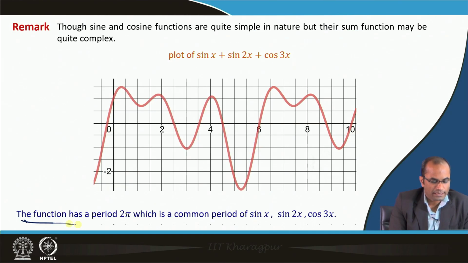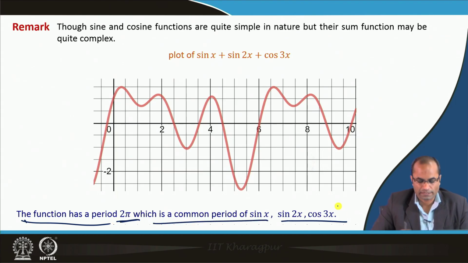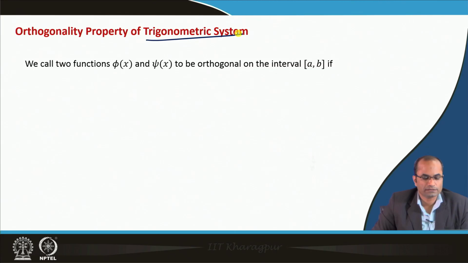Okay, so the function has period 2π, which is the common period of all these three functions, as I have already discussed. And now we will look into a very interesting property for trigonometric systems. What is a trigonometric system? We are calling the sine, cosine and so on, sin 2x, cos 3x, a system having cosine and sine functions, and that is called a trigonometric system.